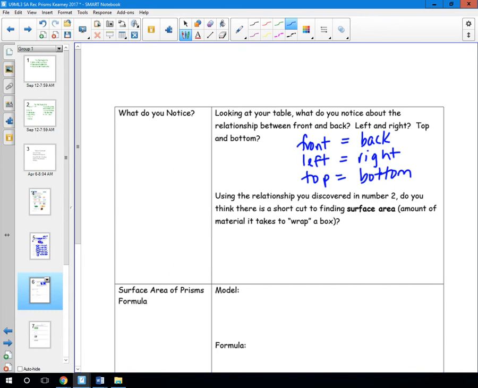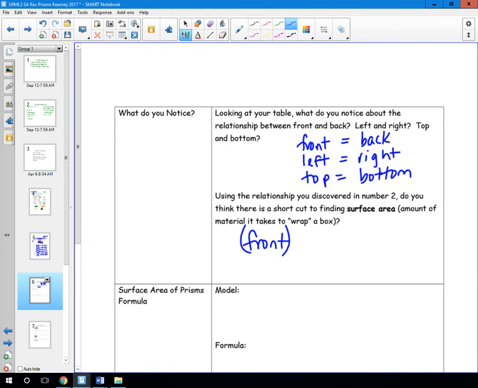So our next question says, using this relationship, do you think there's a shortcut? Is there an easier way, instead of having to go through and find the front, back, top, bottom, and sides, and then adding all 6 of those together? So for me, I think if I know the front is the same as the back, what can I do with the front to show that there are actually two just like that?